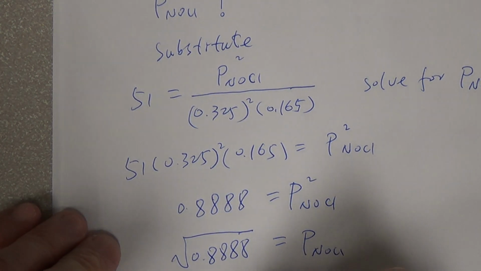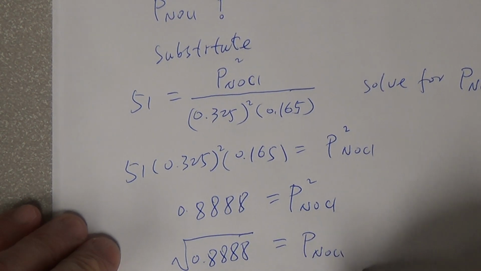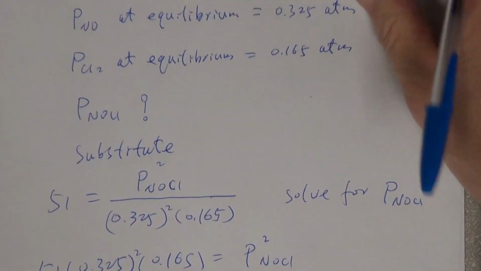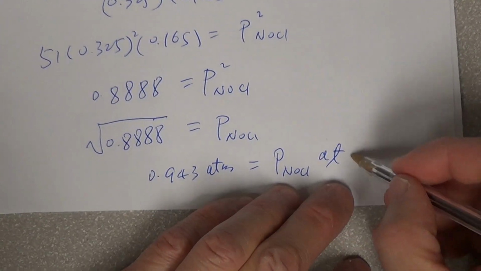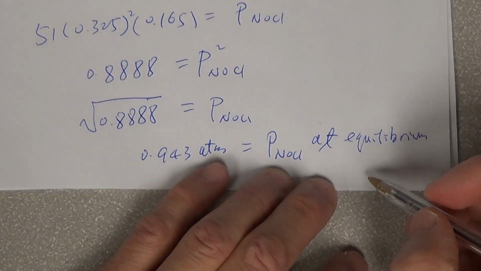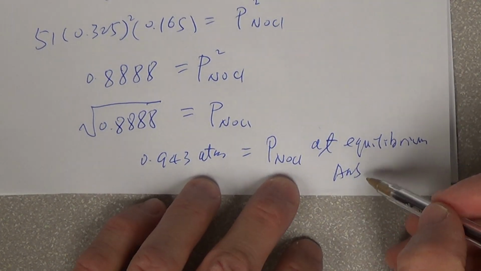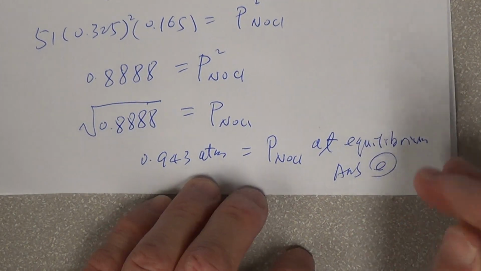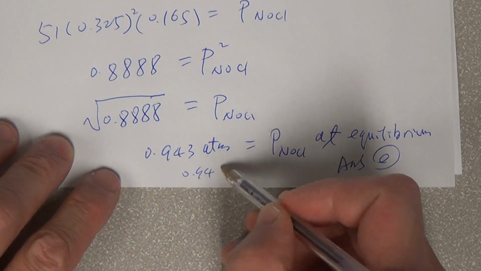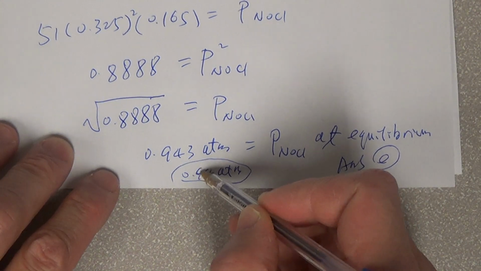So that's 0.943 atm equals P NOCl at equilibrium. Okay, so therefore this will match the answer E. Or if we keep 2 sig fig, so that will equal 0.94 atm.